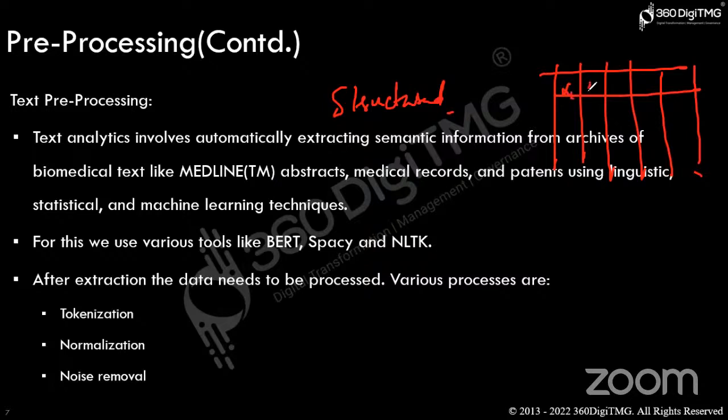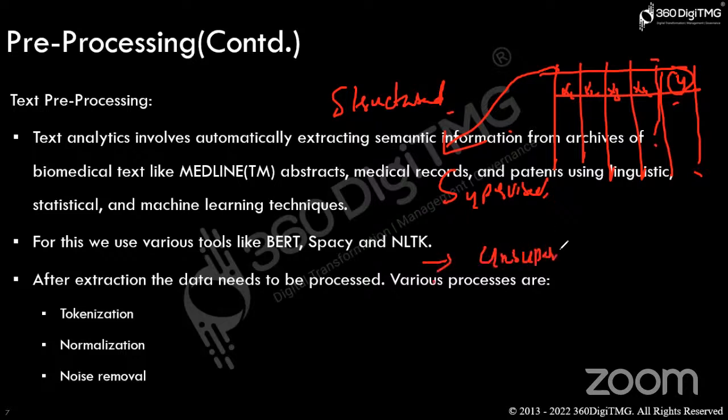This is X1, X2, X3, X4, and here it is Y. Whenever you have a label, you go for supervised learning that we discussed in the last class. When you don't have a label, you go for unsupervised learning. These are different models. When it is in tabular form, it is called structured data.